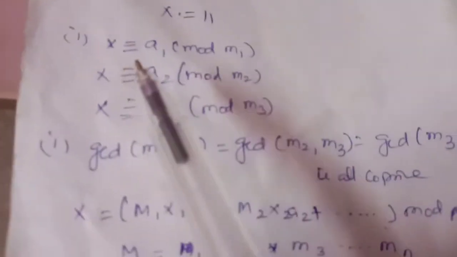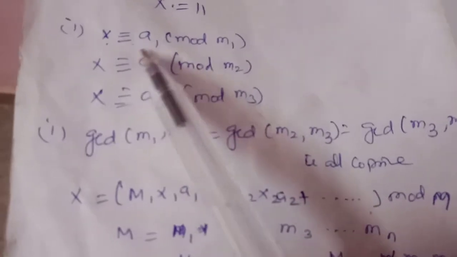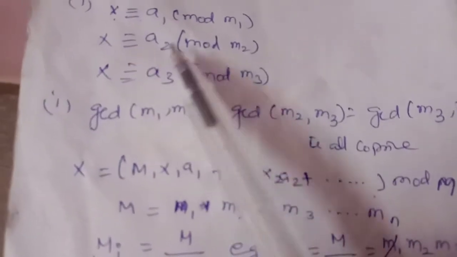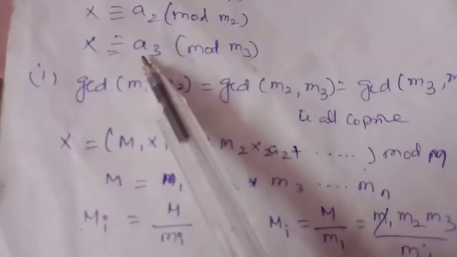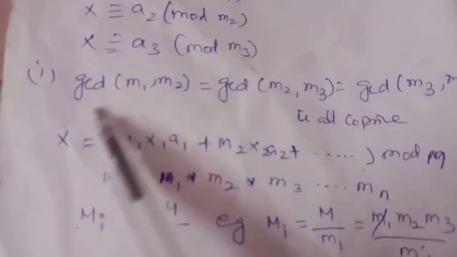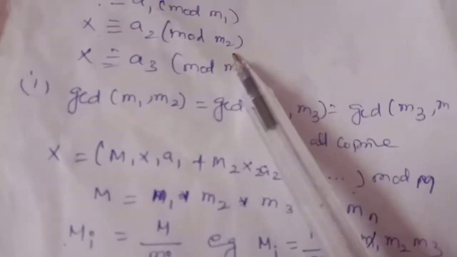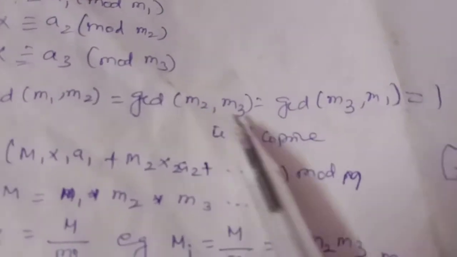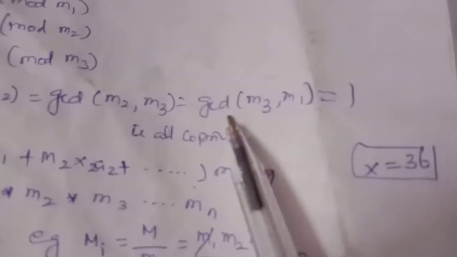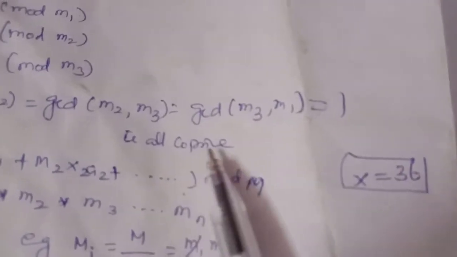If you are asked about the Chinese remainder theorem, you have to write step by step. x congruent to a1 mod m1, x congruent to a2 mod m2, x congruent to a3 mod m3. First step is GCD of m1 and m2, GCD of m2 and m3, GCD of m3 and m1 must be equal to 1. That is, all must be co-prime.